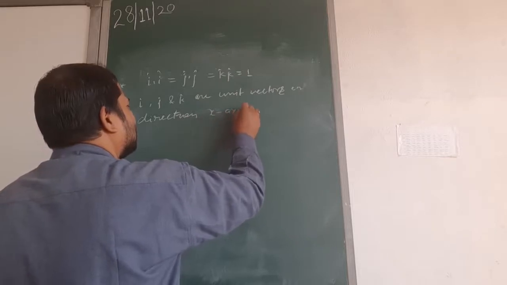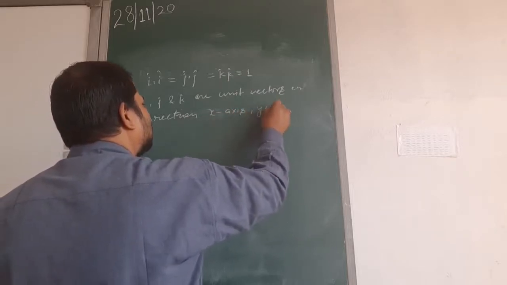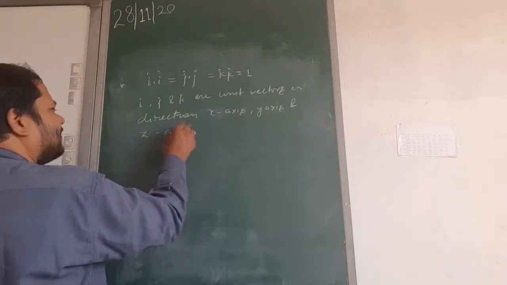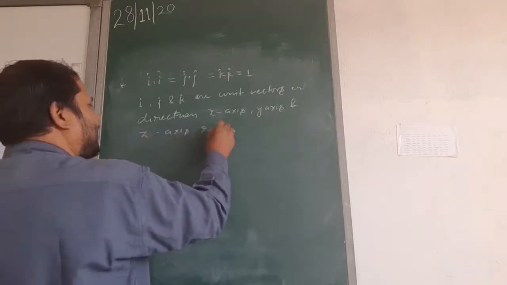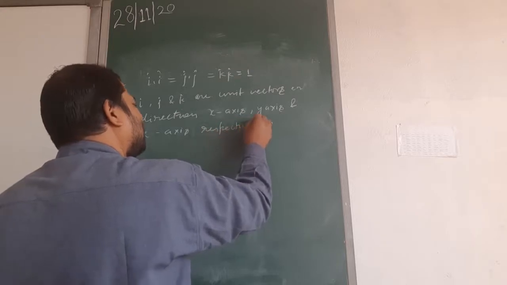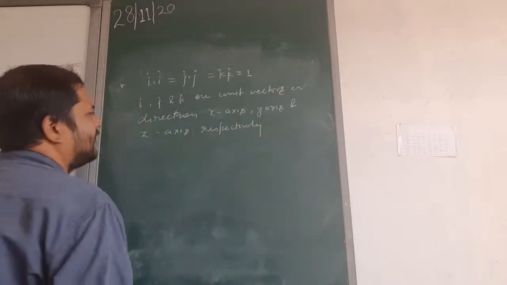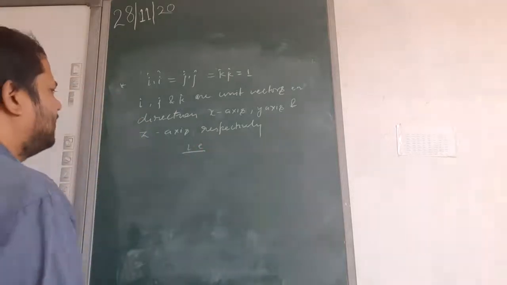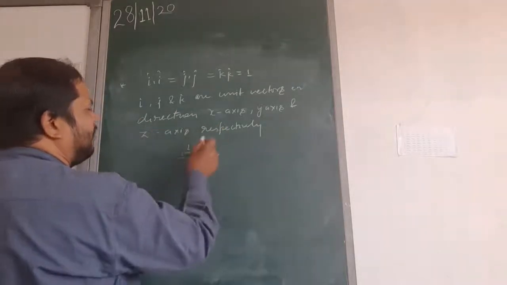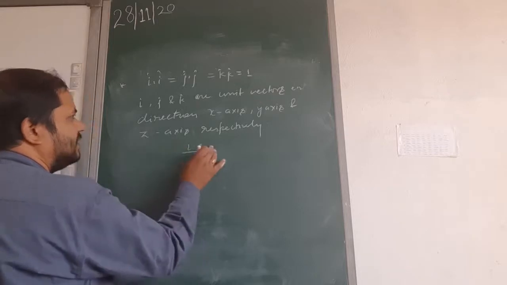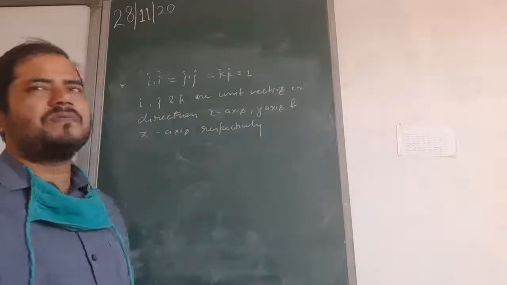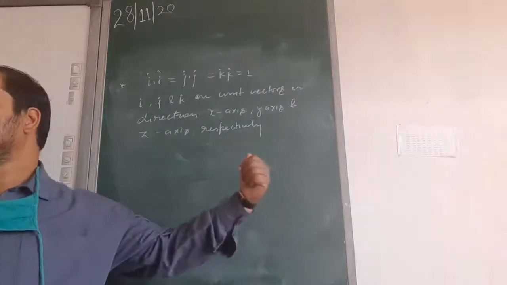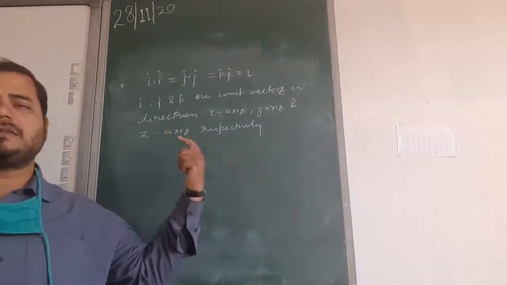X-axis, y-axis and z-axis respectively. Okay, that is, unit vectors in the direction of the x-axis, y-axis and z-axis respectively, that is in axes, the plural form of axis.